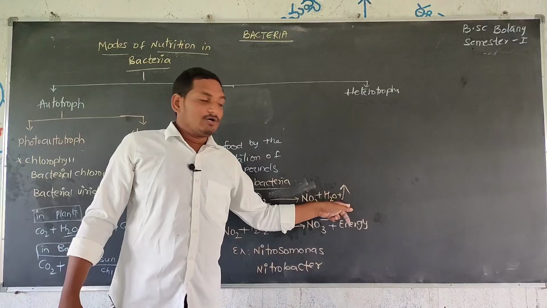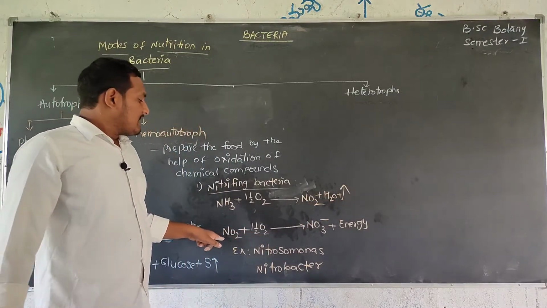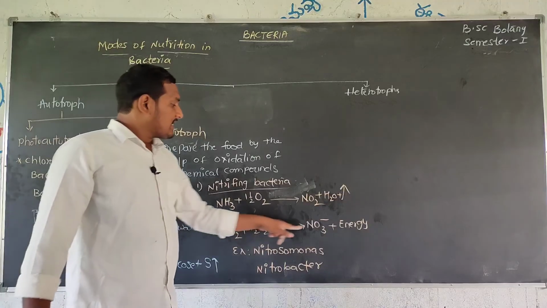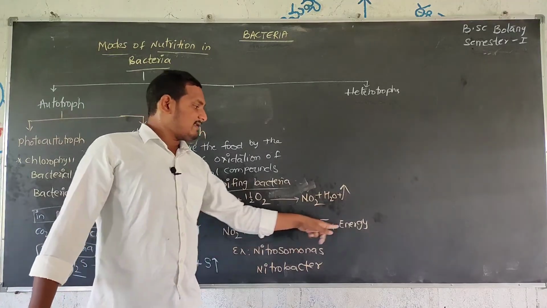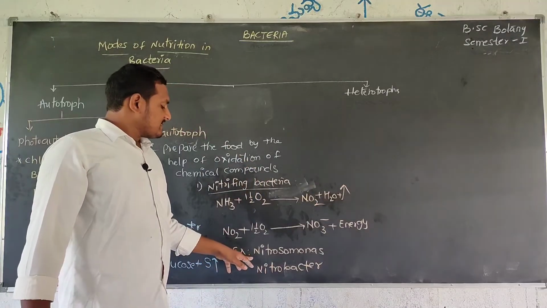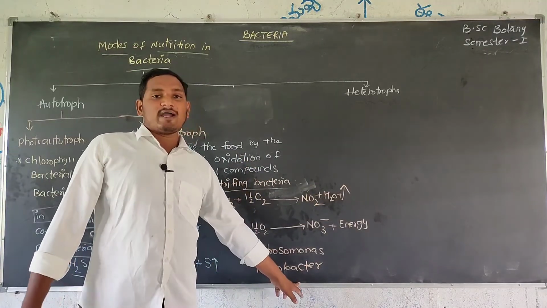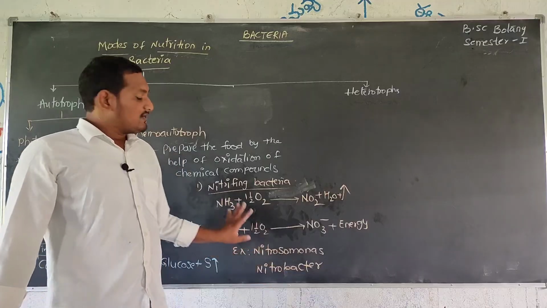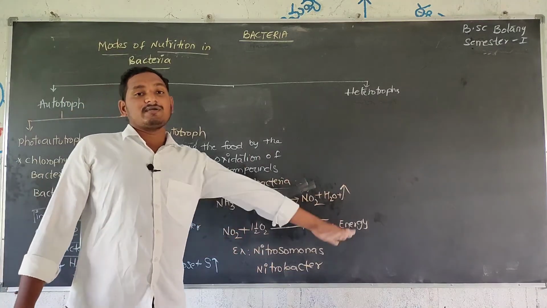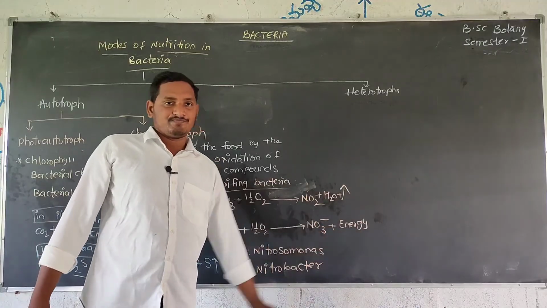This energy is used for oxidation of nitrites into nitrates and energy. This is food for them. Example bacteria Nitrosomonas, Nitrobacter are the two bacteria which oxidize ammonia and nitrites to get energy or food.